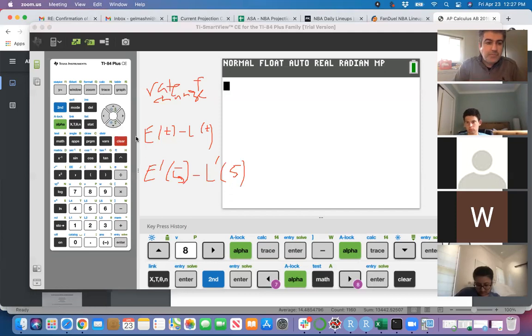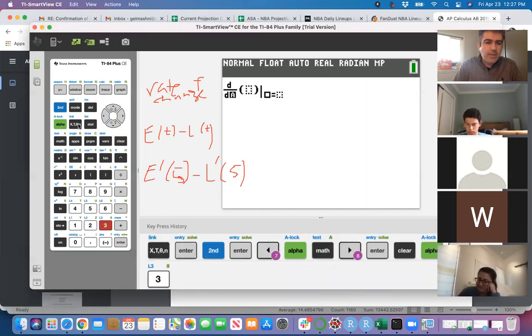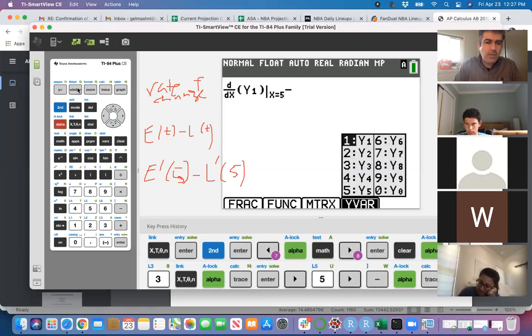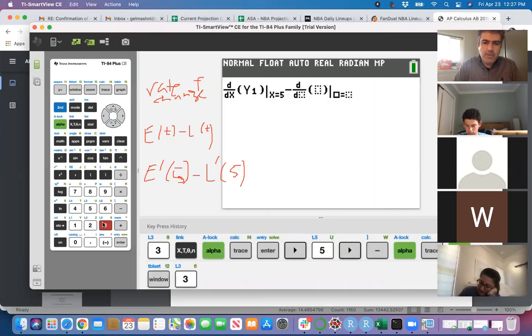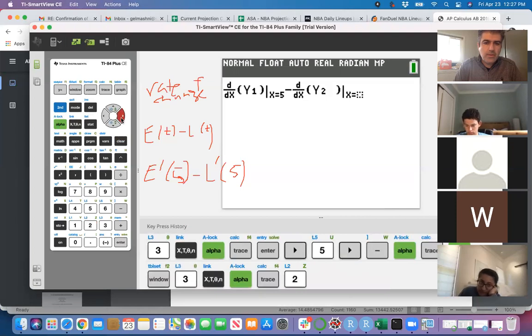And just plug it in. So alpha window, we're doing derivatives, so option 3, x alpha trace y1 at x equals 5. And let me subtract that with the next one, alpha window, option 3, x alpha trace 2, x equals 5.